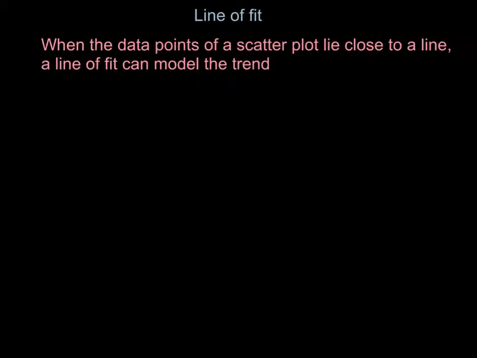So when the data points all lie close to a line, we can have a line of fit or a best fit line. So what you need to do that is you have to make a scatter plot of your data. So I'm just going to make an example of a scatter plot. You need to determine the relationship that exists.